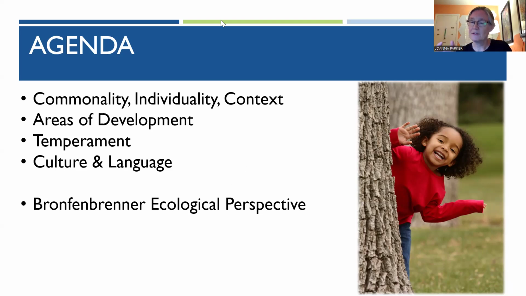And this also connects us back to our conversation around commonality, in that the areas of development that are defined and described in our Virginia Early Learning and Development Standards are based upon the research around what we know about children's development, what children should know and be able to do at different ages or stages of development, and thinking about how children learn, right?